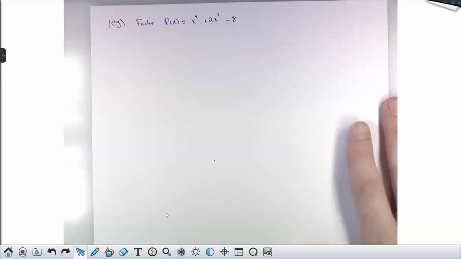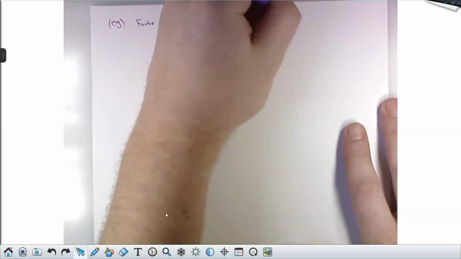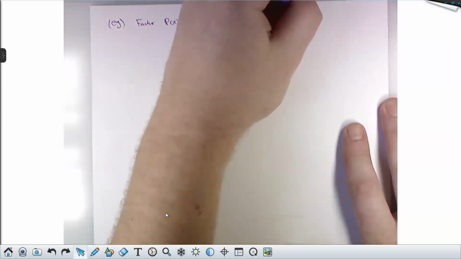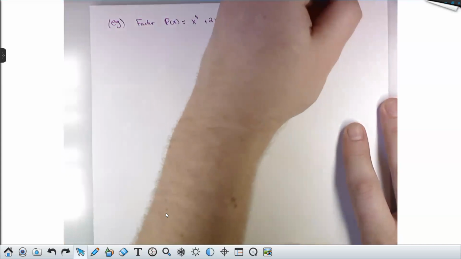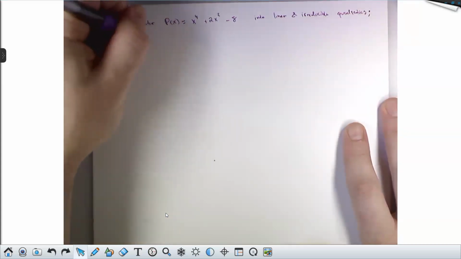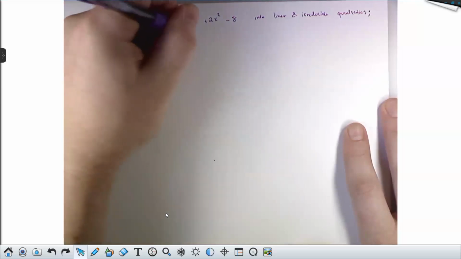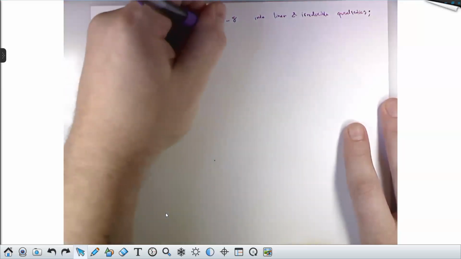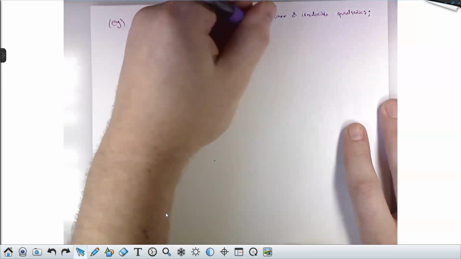Let's factor this into linear and quadratic factors, irreducible quadratics. Then factor all the way to complex linear factors.